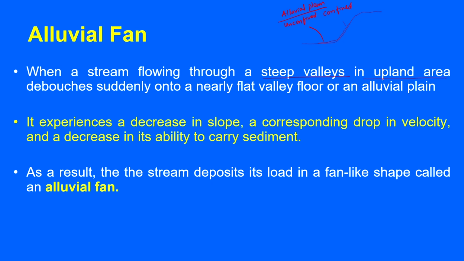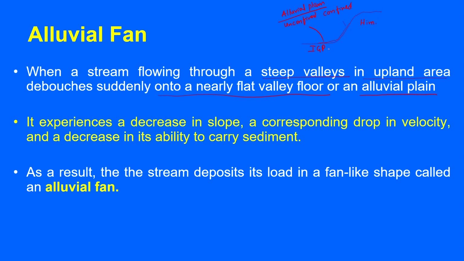So, one is that the stream flowing through steep slopes, steep valleys in the upland areas, debouches suddenly onto a nearly flat area. For example, if you consider this as the Himalaya and this as the Indo-Gangetic plain. Okay. You will find these very clearly demarcated geomorphic landforms along the foothills. So, it is entering into the flat area, that is your alluvial plain. It experiences a decrease in slope.